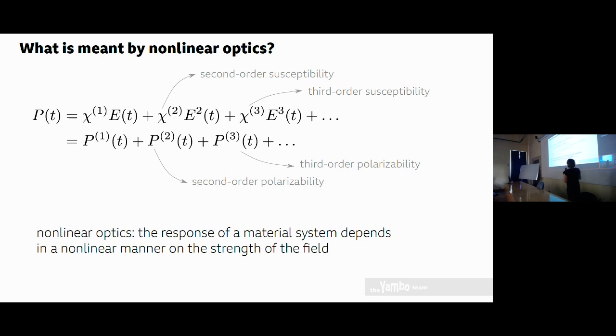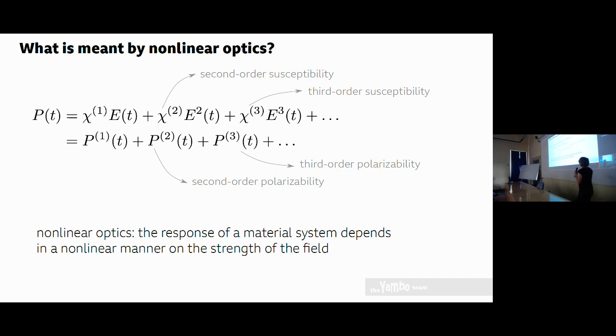Usually we just stop at this, but in reality, the response of a material depends in a nonlinear manner on the strength of the field. In this talk, I will restrict to fields that are weak, so I can carry out this expansion in the power of the field.